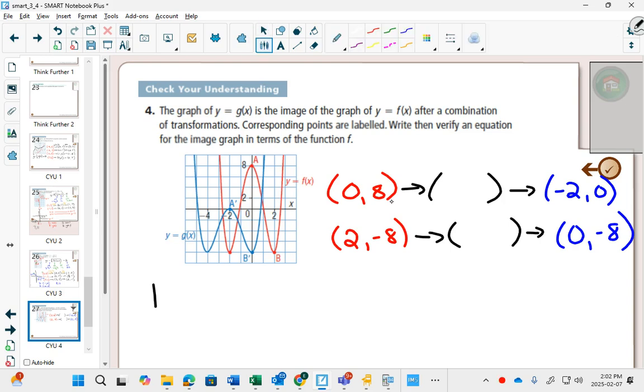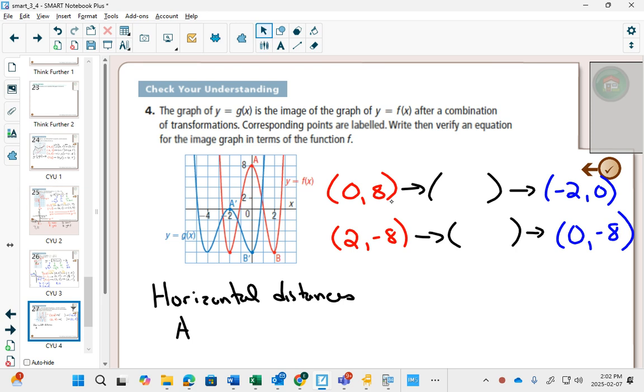So if I look at my horizontal distances, from A to B, I'll write that one in red, because that's my red graph. My original graph from A to B, I am going 2 units to the right, so I'll write that as a +2.